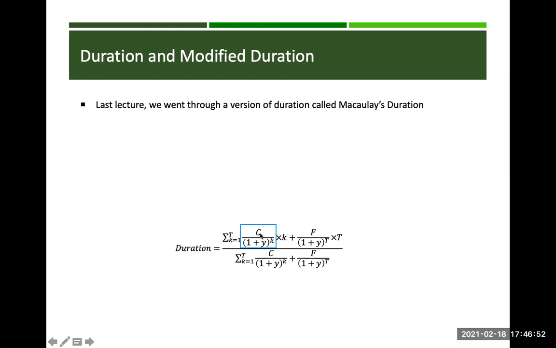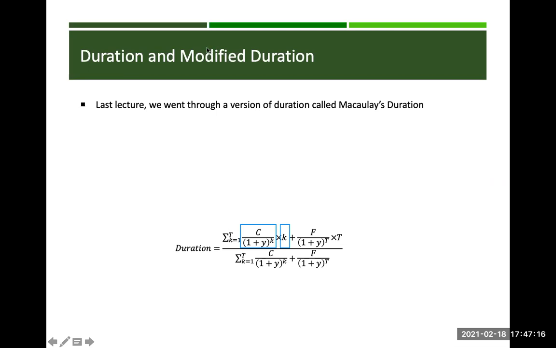Annual pay coupon bond, discounted, that's the present value. And then you're multiplying that weight times the time to repayment. You do it for all the coupons.